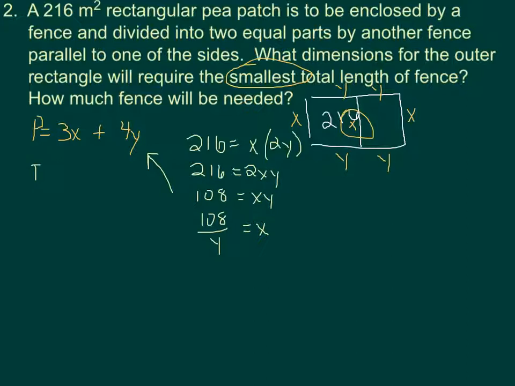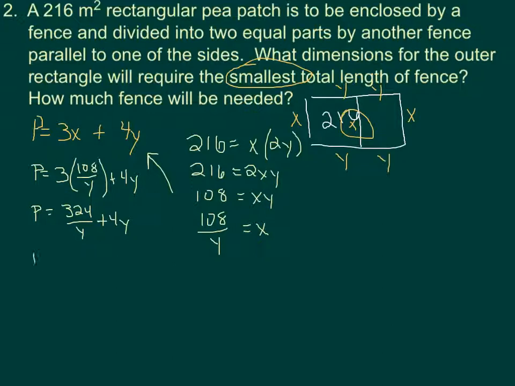So I have perimeter equals 3, and in this case x is 108 over y. This problem, I decided to keep my y's in there. Okay, so now just to clean it up a little bit, so this is going to be 324 over y plus 4y.